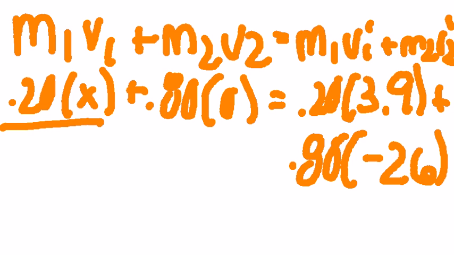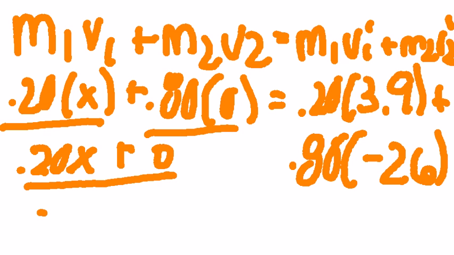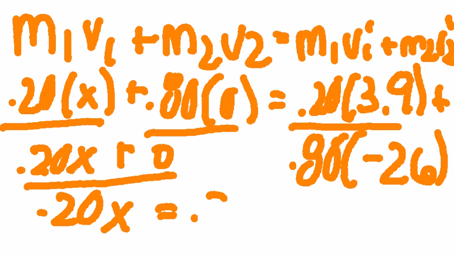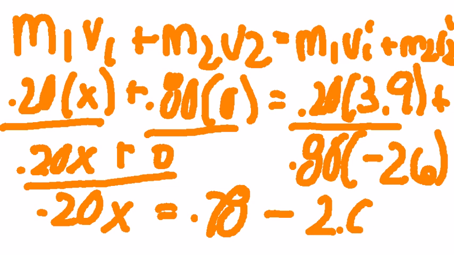Okay, so we're going to work this problem out. 0.20 times x, 0.20x plus 0.80 times 0, and that's 0. So that's going to be 0.20x. 0.20 times 3.9 is going to be 0.78. Then 0.80 times negative 2.6 is going to equal negative 2.08.